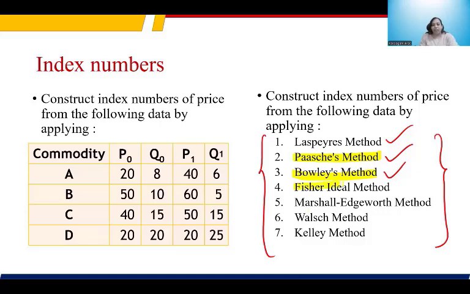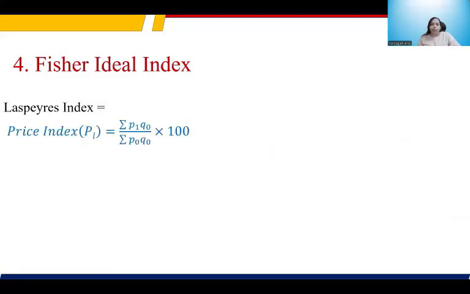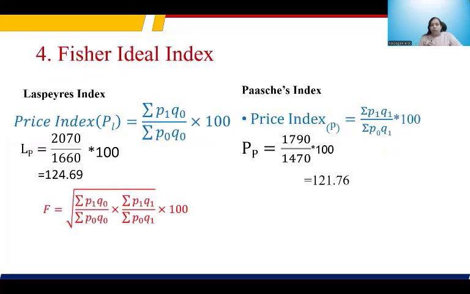Let's go ahead for the next one, Fisher Ideal Index. Fisher Ideal Index is an easy method similar to Bowley's. We will take Laspeyres Price Index and Paasche Price Index. You have taken Laspeyres formula here and then the Paasche formula here. I'm going to show you two methods. One with the already calculated value and the second one straight away we will calculate it.